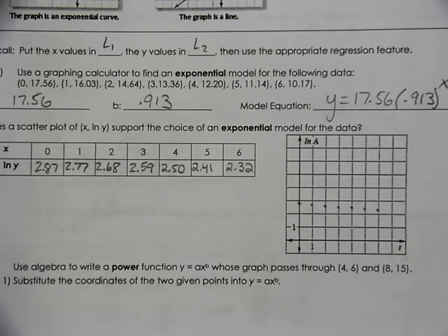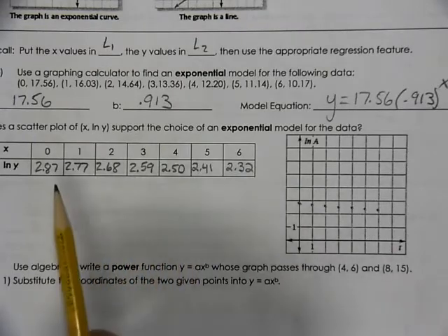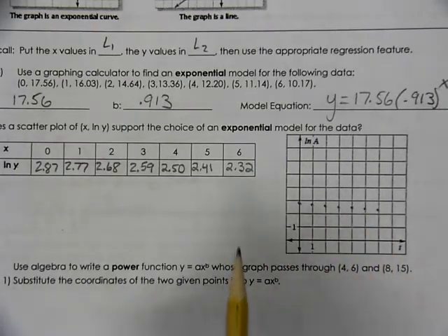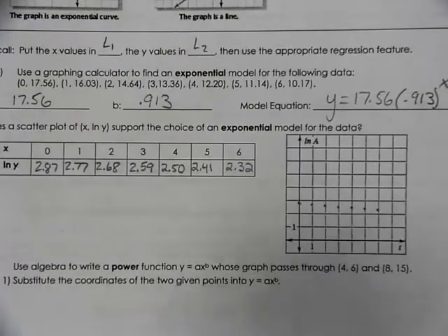It's not curving. Each of the values in the y seem to be dropping by pretty close to 0.1 or 0.08, so it's pretty consistent. So that would show that the original data is a good representation of an exponential.